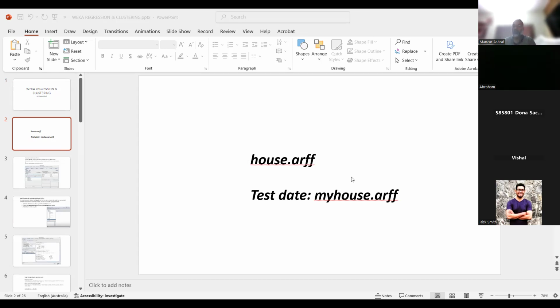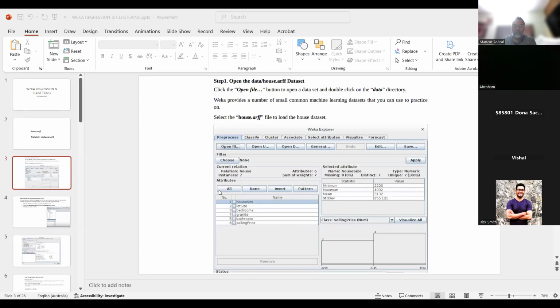If you go to week 9, you'll find the data there. So what is this house data? I'll show you the screenshot, and later I'll run the program in WEKA. If we open the house.arff file, you can see here.